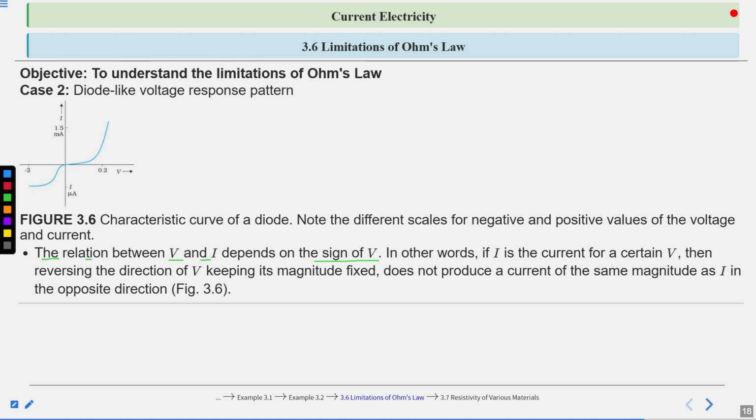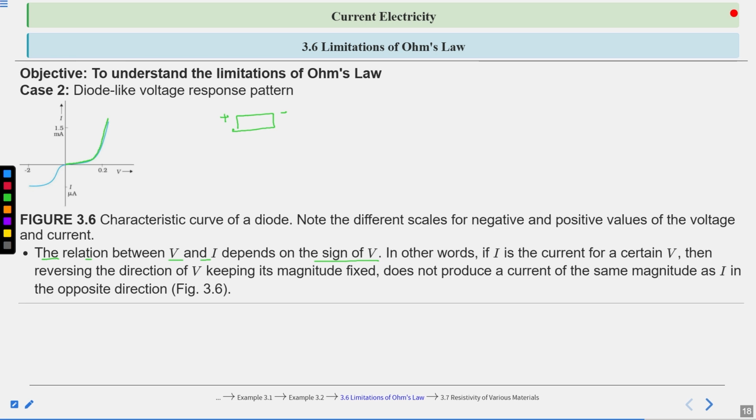If we take forward voltage, positive voltage, like I mentioned, set this terminal of the diode as positive and this end as negative, this is forward voltage. For forward voltage, current varies as this curve, as shown in the figure. It is not linear also.